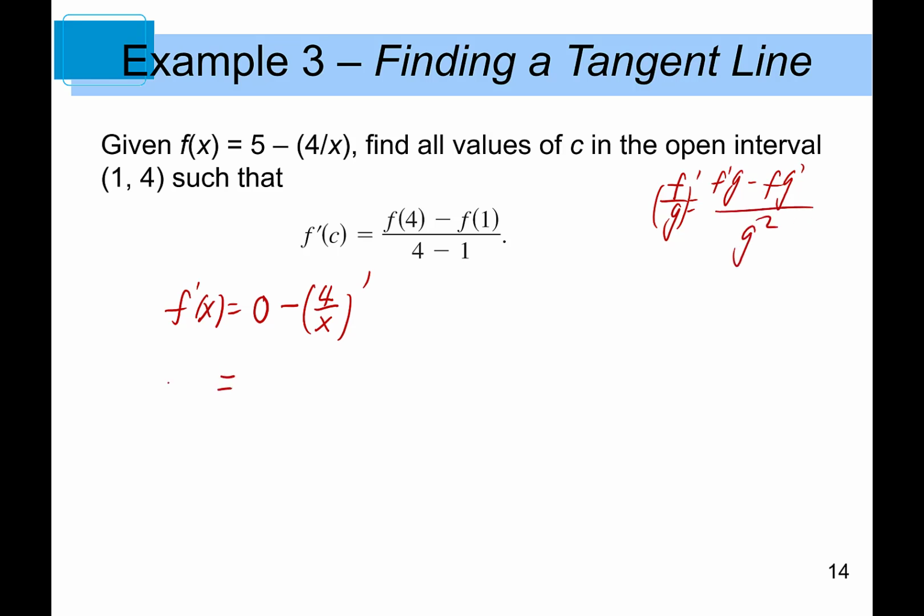So let's take a look at the derivative of 4 over x. Put a negative sign in front. f is 4, so f prime is 0. g is x, so g prime equals 1.